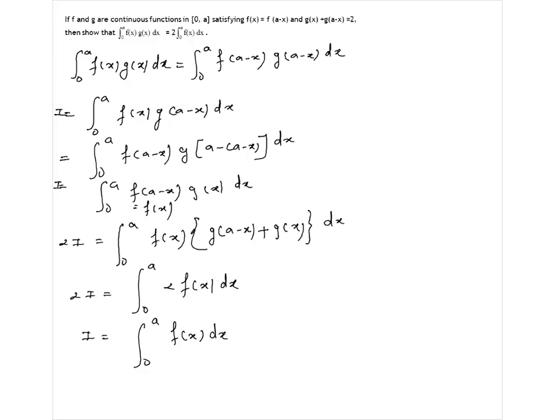It looks like that 2 is not coming. Let me know if you are getting anything different, or I will recheck. Looking at the private messages, some of you are getting 2. So I will recheck this.